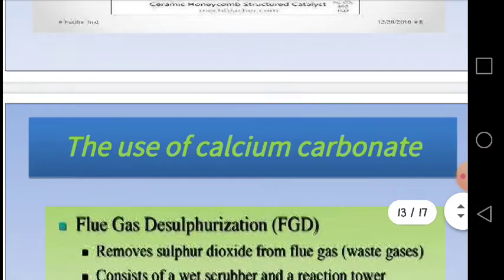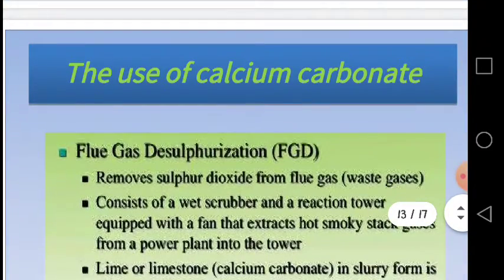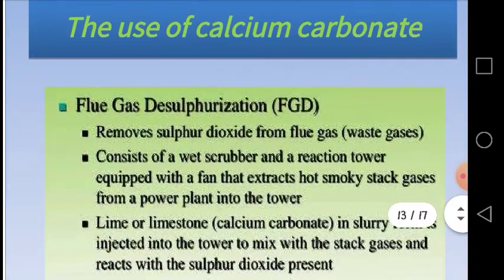Besides this, we also use calcium carbonate to reduce other harmful gases like sulfur dioxide. Flue gas desulfurization, FGD, is a process very useful for reducing the sulfur dioxide coming out from factories. This process removes the sulfur dioxide from the flue gas, the waste gases.